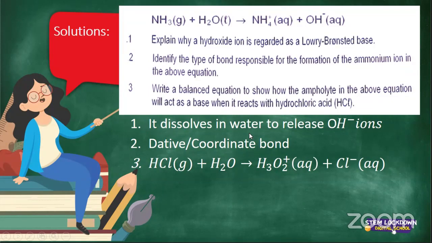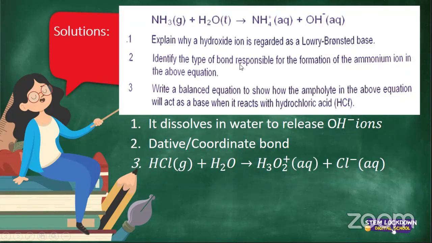So it is not Brønsted theory here, but it is Arrhenius theory. So it is not because it is releasing the hydroxide ions. It is because in the reverse reaction, it can accept the protons, right?